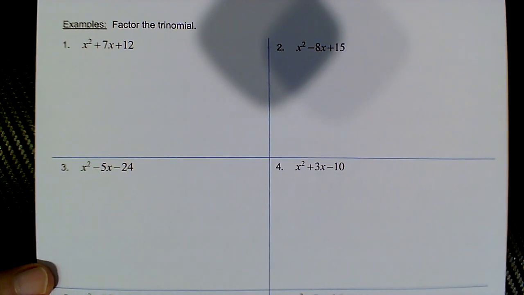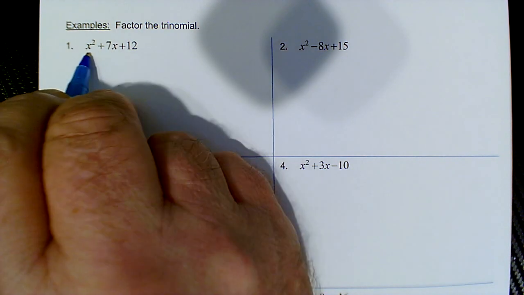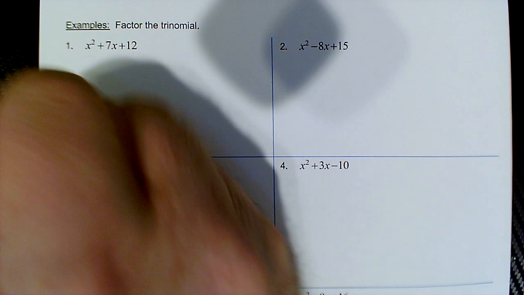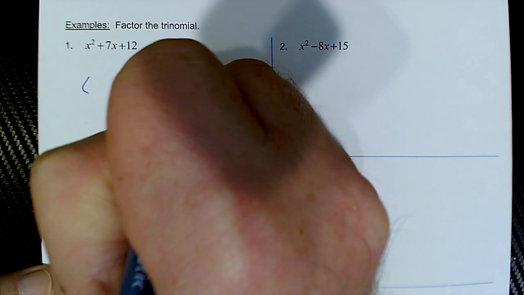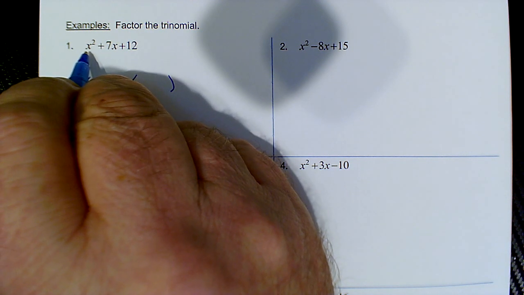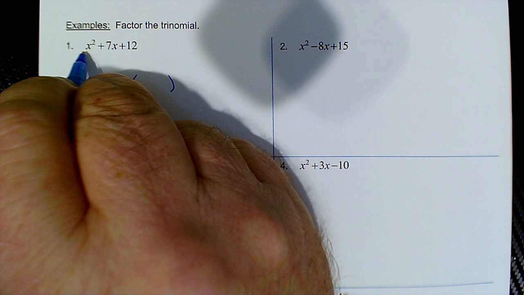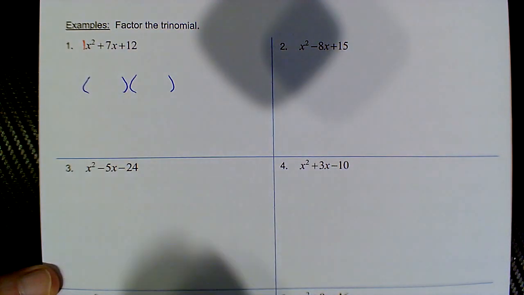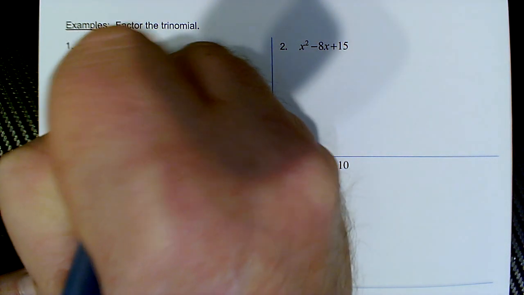And it says factor the trinomial. Whenever we see a quadratic trinomial, the first thing we should think of is factoring as the product of two binomials. So we set it up, and if the leading term, the squared term, is just simply x squared, that is, the coefficient is 1, there's nothing written out in front of the x squared term, it's understood to be 1, then immediately we just fill in the first term of each binomial to be x and x.